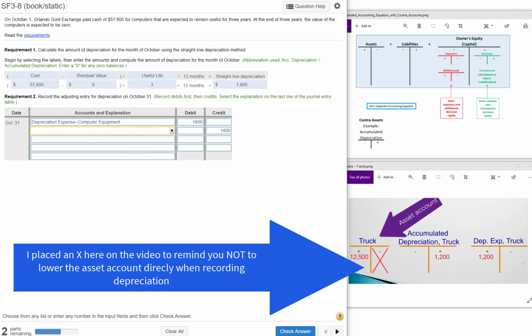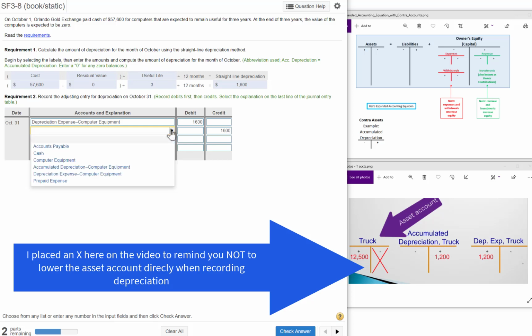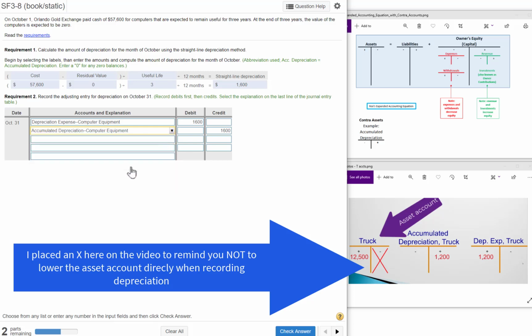We need to keep the original cost there and not lower it at all, because we need to know the historical cost of the asset. So instead of lowering the truck account, we're going to put that, in this case, $1,600 in the accumulated depreciation account for that computer equipment.